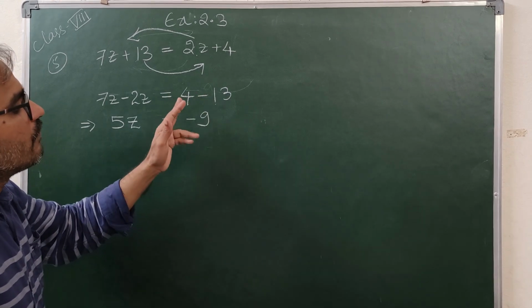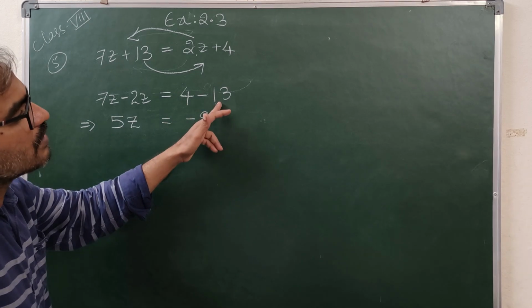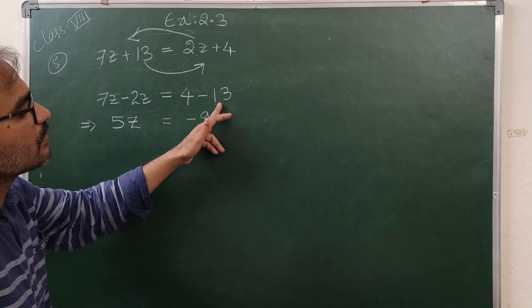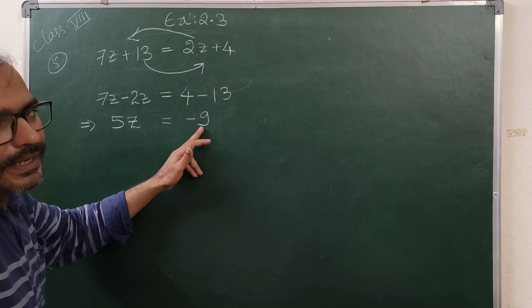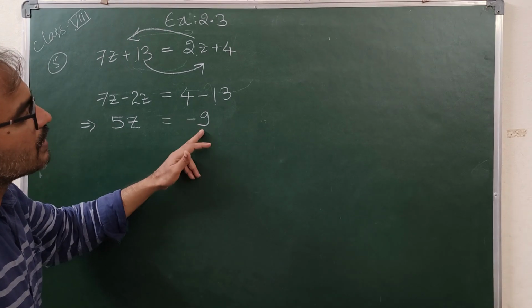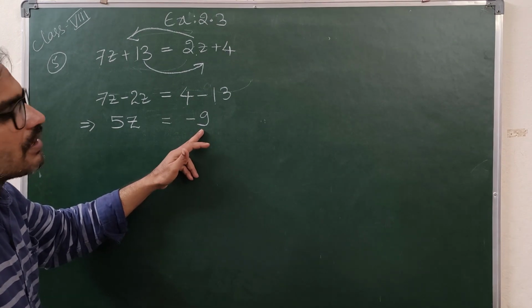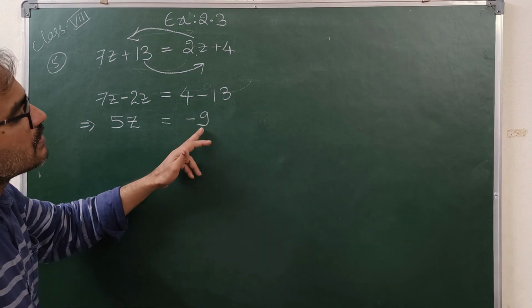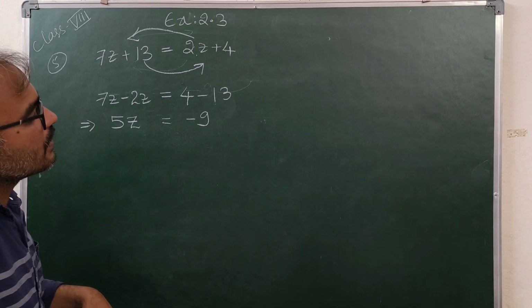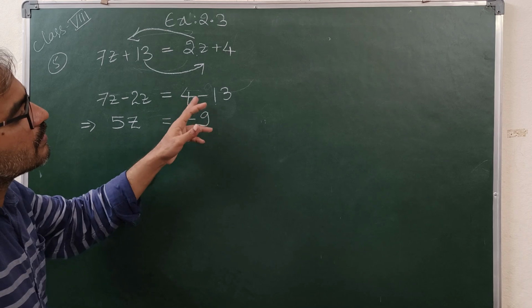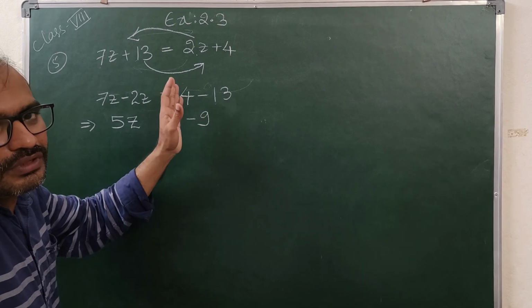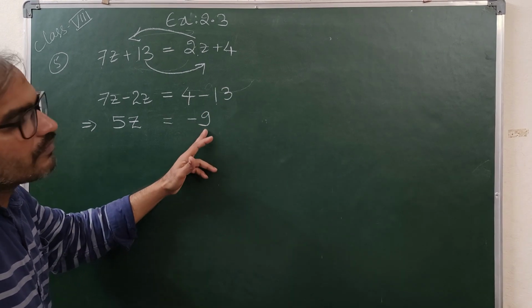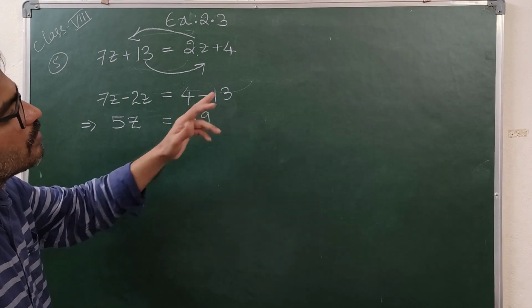If you have 4 rupees, how can you give someone 13 rupees? It is possible only when you borrow 9 rupees. Borrowing in our case will be minus 9, right? So 4 minus 13 is minus 9. From 4 you cannot take 13. If you borrow 9 from others, then you will have 13. Then you can remove 13.